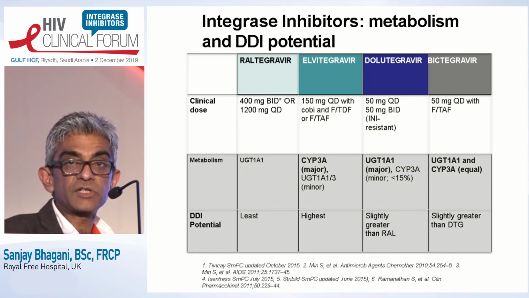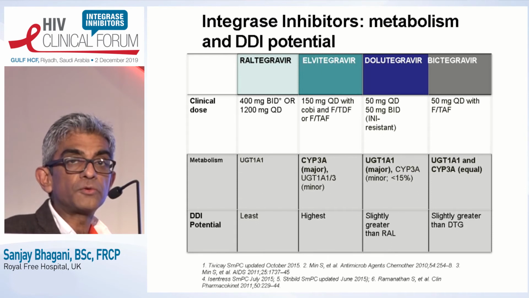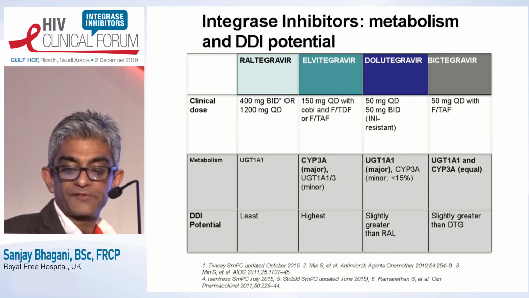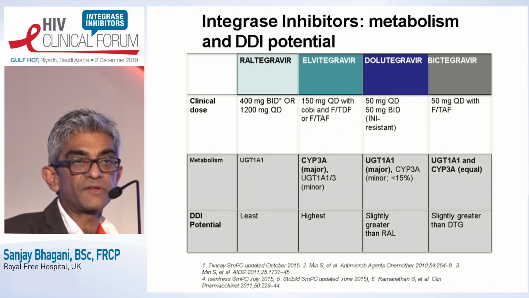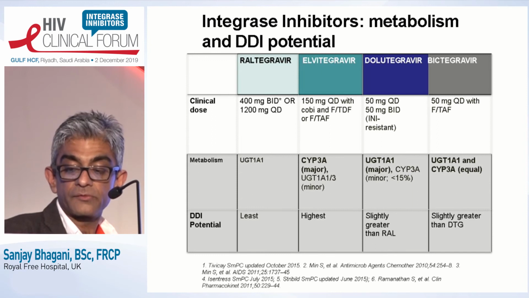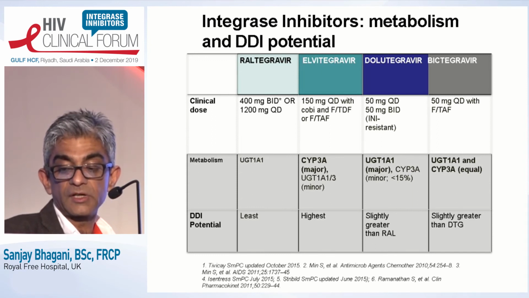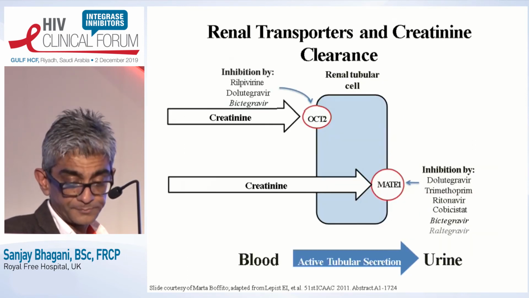Dolutegravir's major metabolism is through UGT1A1, although there is some CYP3A metabolism, and so there is a slight risk of drug-drug interactions. Bictegravir has a higher risk of drug-drug interactions because it uses UGT1A1 and CYP3A isoenzymes equally.